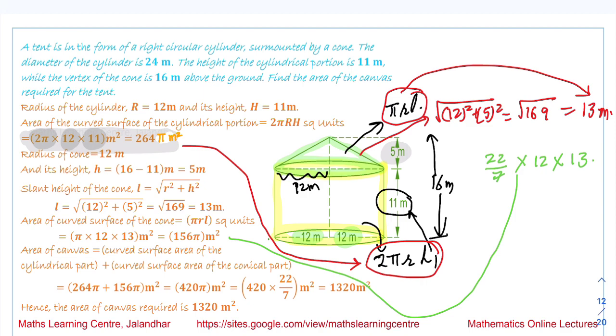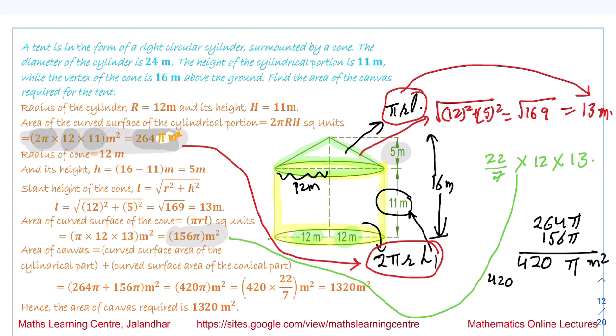So when we add both these values, this value over here is 264 pi meter square, and the area of the cone is 156 pi meter square. So when you add these two values, you get 264 pi and 156 pi. Pi is common, so we can add these, and when we add these two values, you get the answer 420 pi meter square.